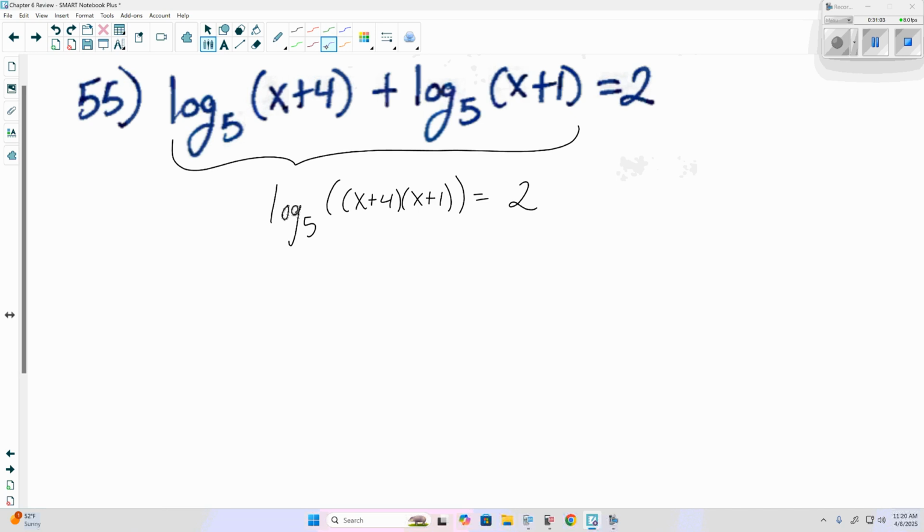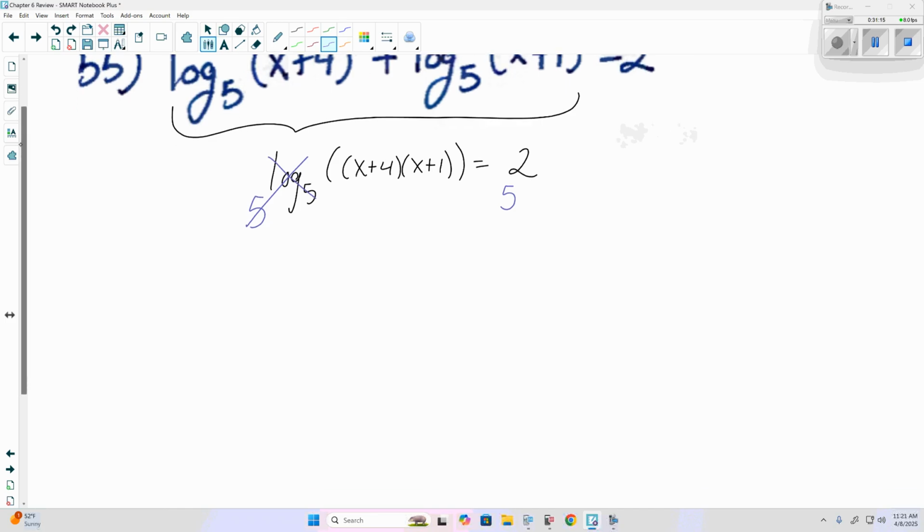So we're just using our properties of logs, our product property. Now we can put both sides to the base of 5. These will cancel, telling us that x plus 4 times x plus 1 is equal to 5 squared, or 25.